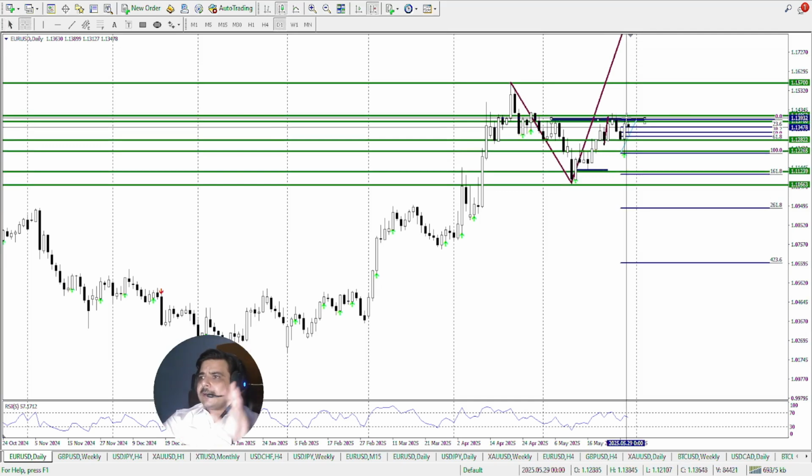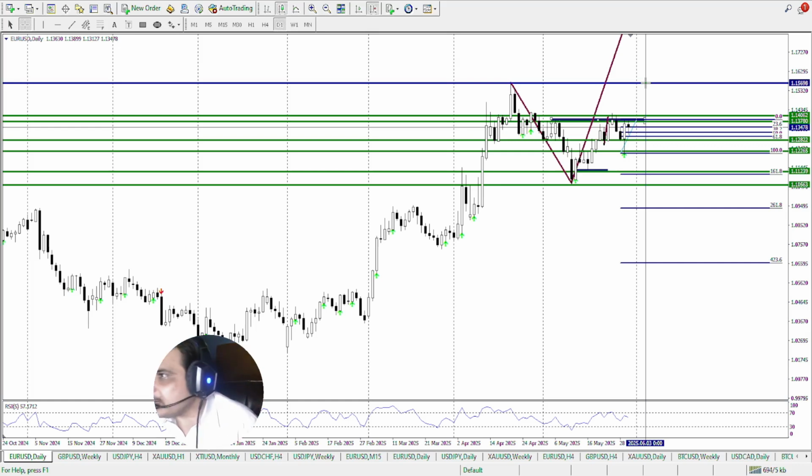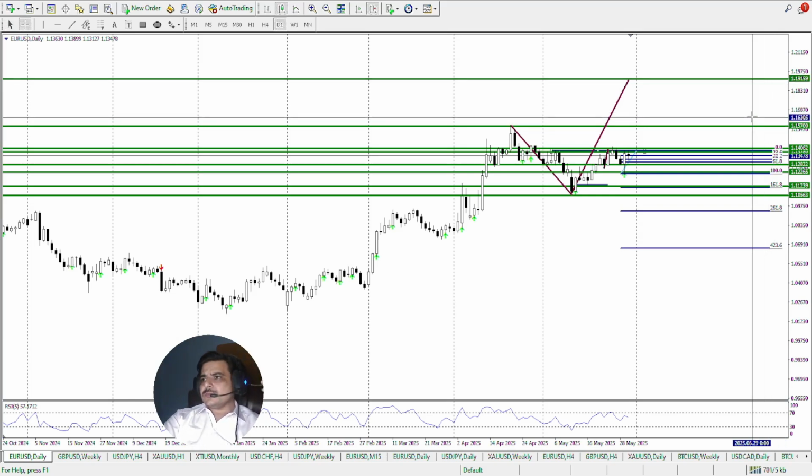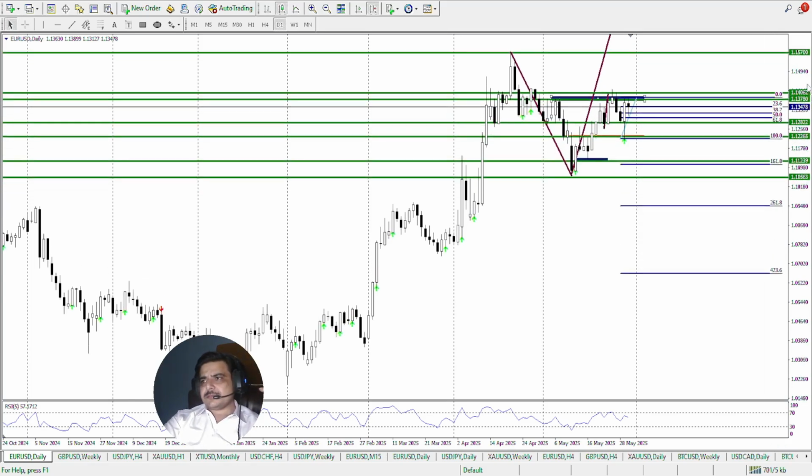As soon as it closes above 1.14062, the next target will be 1.15698, and then obviously the final target comes around 1.1915 precisely, and if I round it up, it comes around 1.20. So yeah, this was my analysis about it.